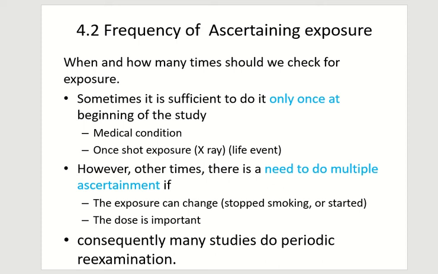The explosion only happened once, so you either heard it or did not hear it. You either felt it or did not feel it. So whether you felt it or not, this is my exposure, and I'm going to follow you up after 6, 7, 8 months and see if you have symptoms of PTSD. Since this happened only one time, I don't need to ascertain the exposure multiple times.